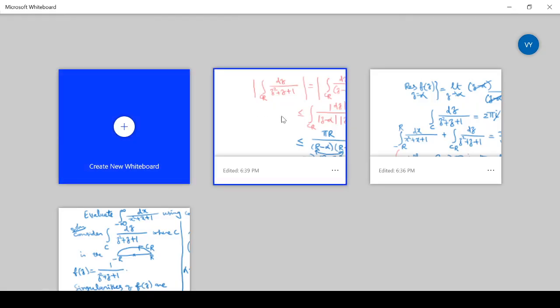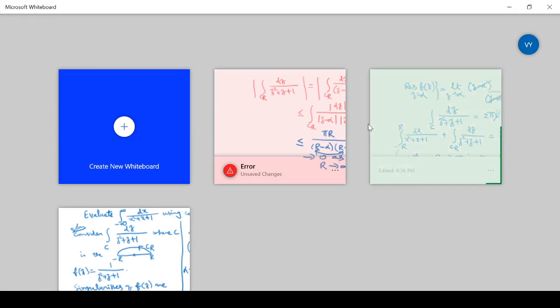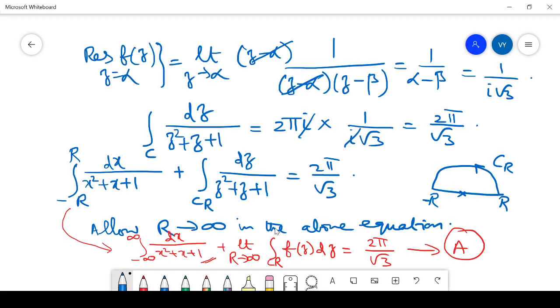When I substitute this in equation 1, the value of this turns out to be 0, and hence the value of the given integral is 2 pi by root 3.